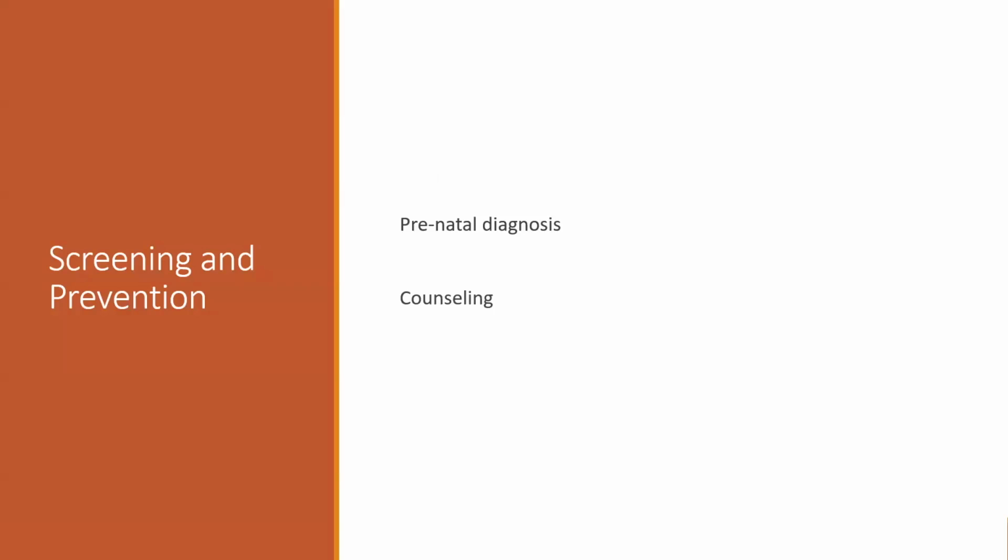So for this, screening and prevention. Screening has become pretty much a universal, I don't want to say mandate, but essentially a universal recommendation from the obstetrics and gynecology national consortiums to screen all pregnant women with at least a CBC. What you're going to be looking for is microcytosis and/or anemia.